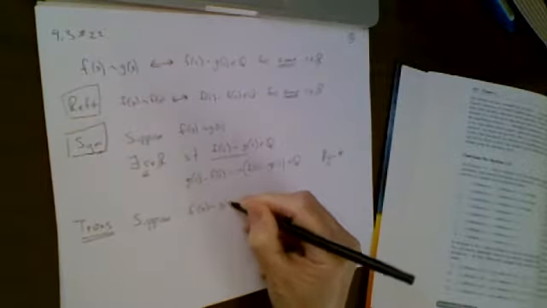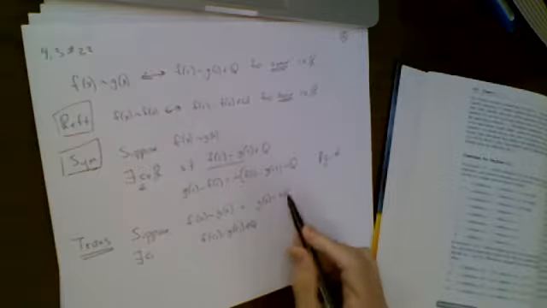f is related to g and g is related to h. So this means there exists some point c1 that makes f of c1 minus g of c1 a rational number. And there's a point here that makes this difference rational, but it might be a different point.